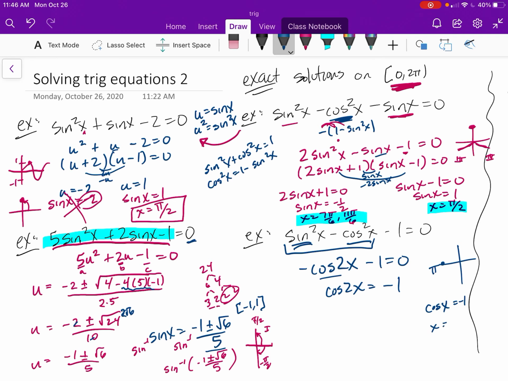Where x would be pi. But this is 2x, so I have to think actually like 2x equals pi, which means x is pi over 2. Because it's double the angle, right? If this is the angle, then 2x would be here.